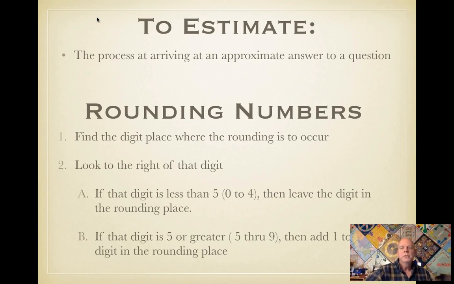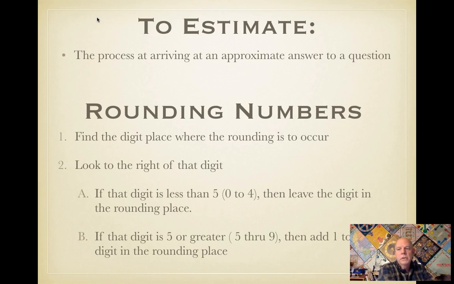So the first step to round a number is to find the digit where the rounding is to occur. Typically the problem will say, round this number to the nearest hundred place, or to the nearest whole number, or to the nearest tenth, or whatever. So you find that place in the number. Then the key to rounding is looking at the digit to the right of that number.